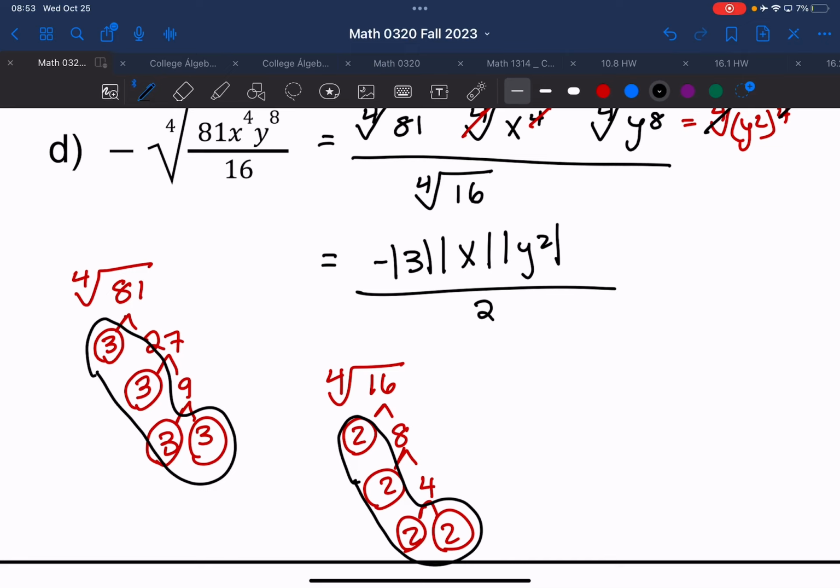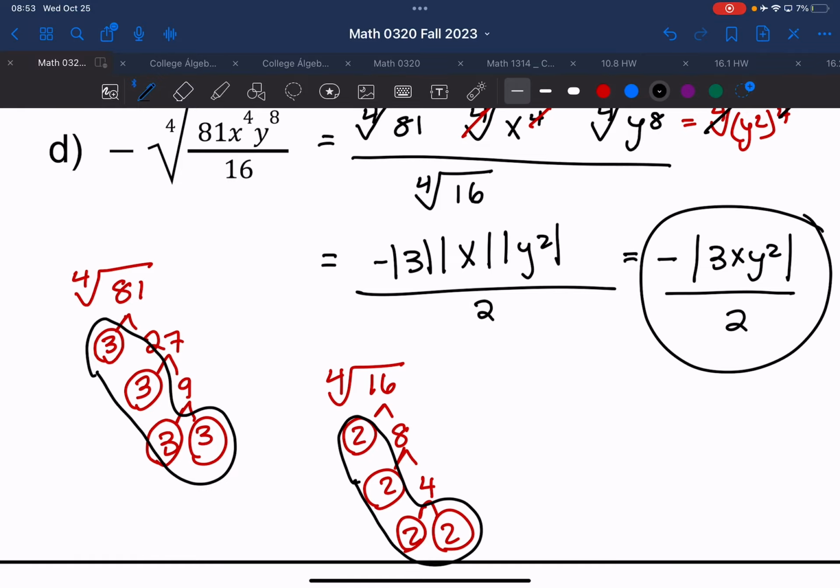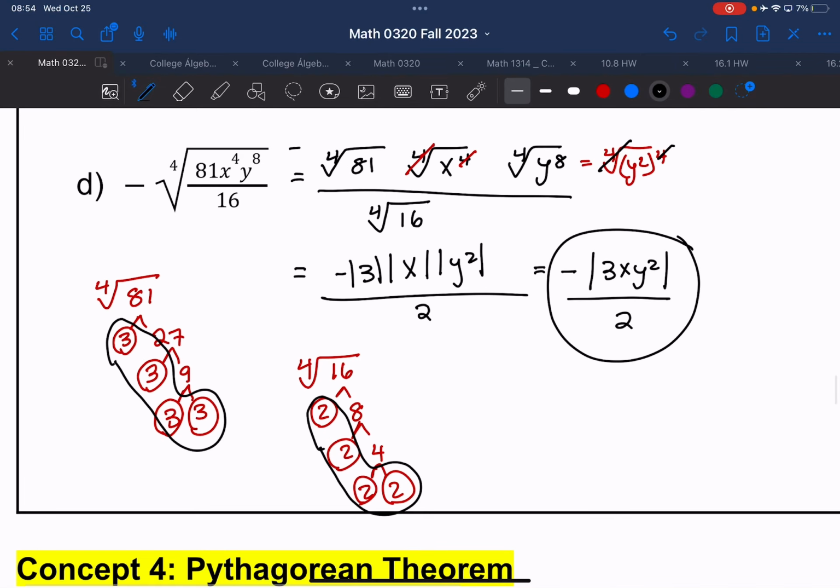So to simplify this even further, notice how I have the absolute value of 3, absolute value of x, and the absolute value of y squared. Can I put them all inside one absolute value? Yes, because we're being multiplied here. So that means this is equal to negative absolute value of 3xy squared all over 2. Well, absolute value of 2, right?